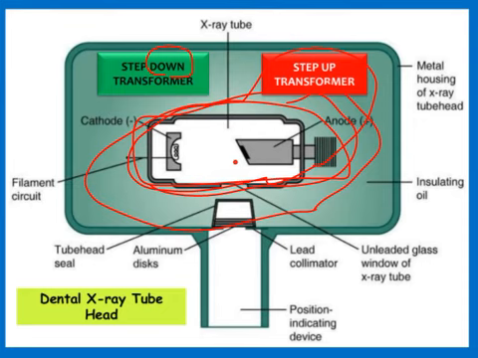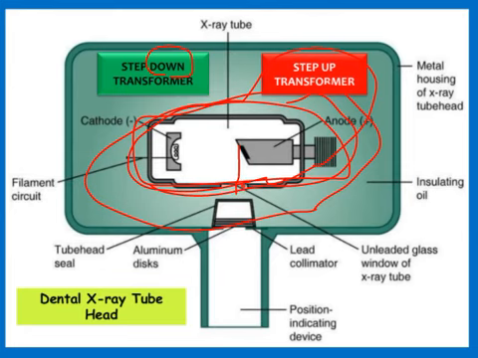Now, we want the X-rays to be focused whenever they get out of the X-ray machine. So we focus the X-rays at one point, that is the unleaded glass window. By giving just a window and leading all the rest of the glass tube, we make sure that the X-rays produced come out only through this point.